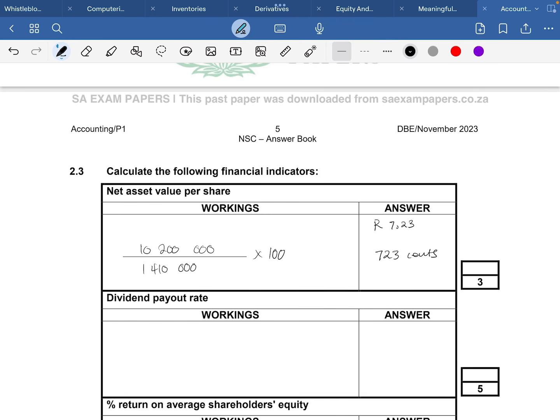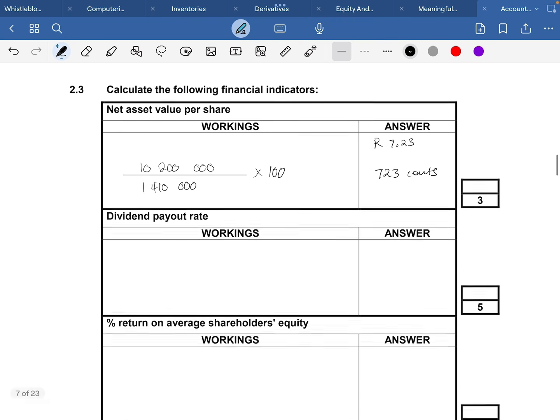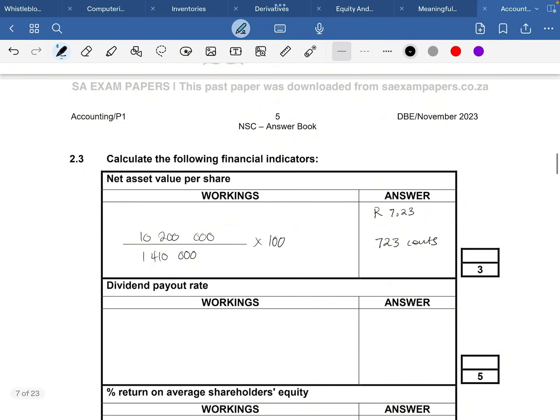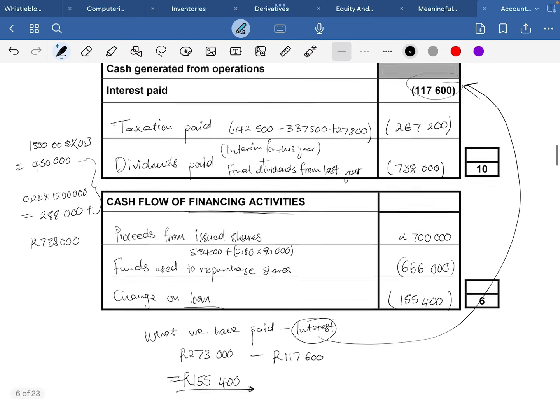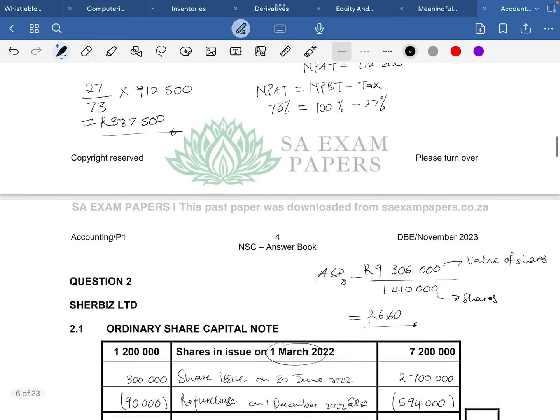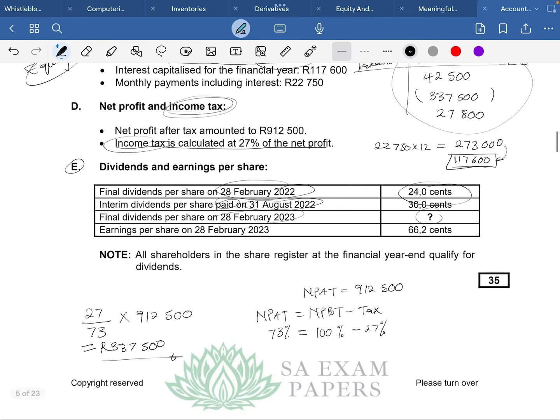And then dividend payout rate. With the dividend payout rate, we are looking at how much of the earnings the business is paying out as dividends. So here we are going to look at earnings per share, and then at what they have paid out or declared to shareholders.